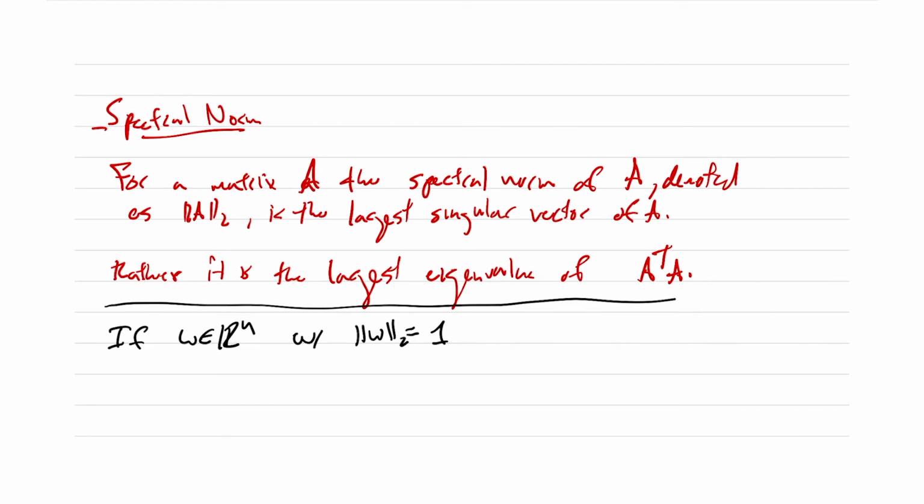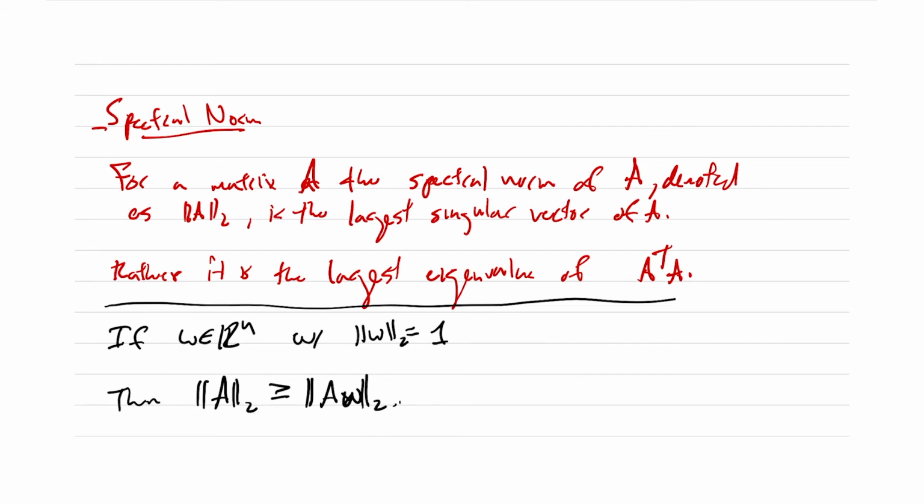Then the spectral norm of A is going to be bigger than or equal to the norm of A times W. This is an R^m vector, and this is a spectral norm. That's easy enough to prove.